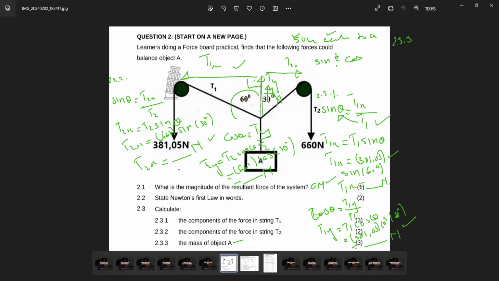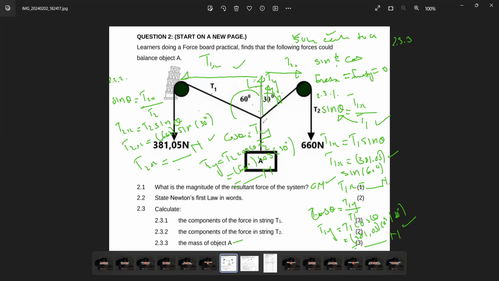Remember, for me to find the mass here, the object is balanced, meaning F net y and F net x are both equal to 0. All of those components are equal to 0.